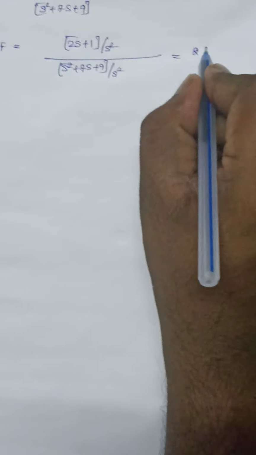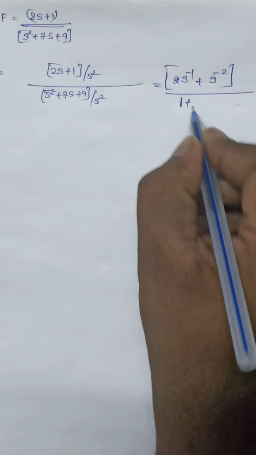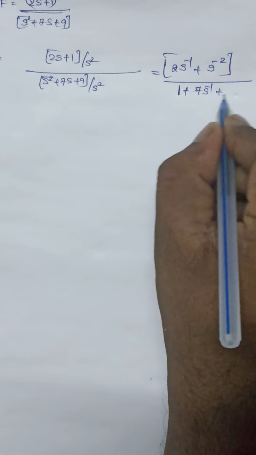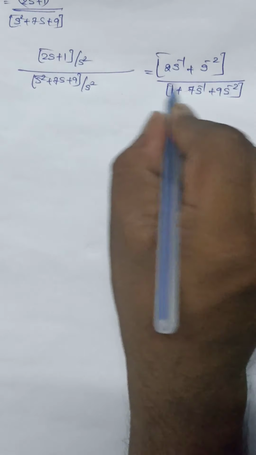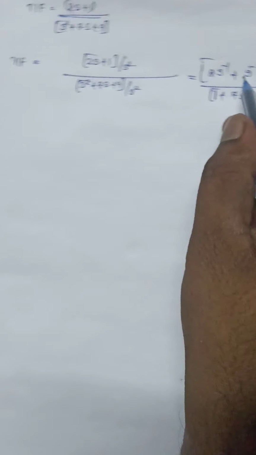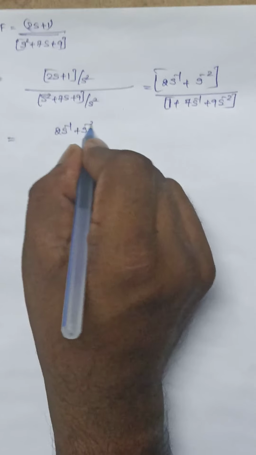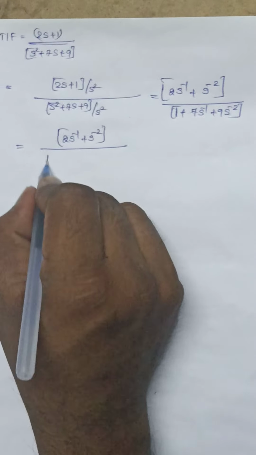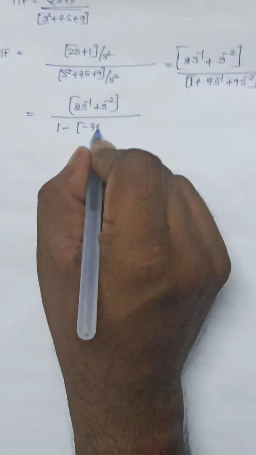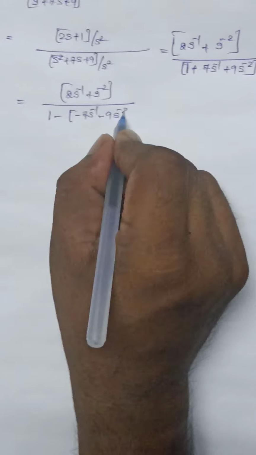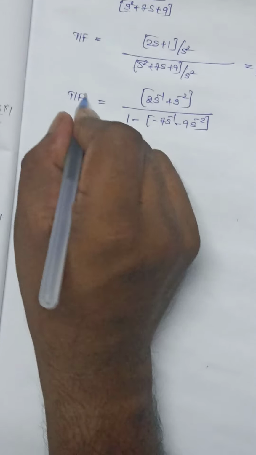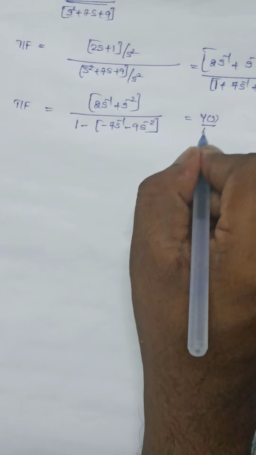That is equal to 2 into s power minus 1 plus s power minus 2, divided by 1 plus 7 into s power minus 1 plus 9 into s power minus 2. If I reduce this equation, I will get 2 into s power minus 1 plus s power minus 2 divided by 1 minus of minus 7 s power minus 1 minus 9 s power minus 2. So this is the transfer function, Y of s divided by U of s.